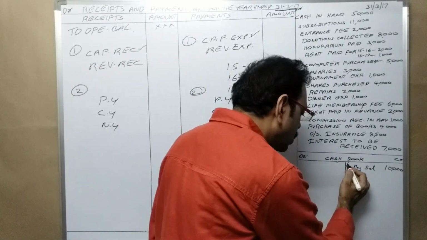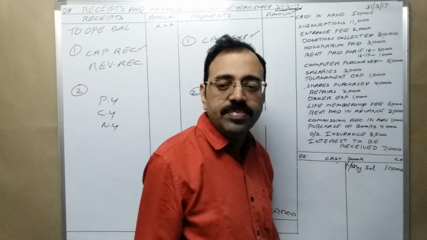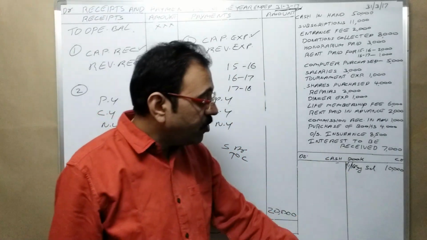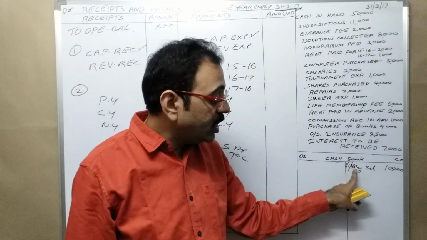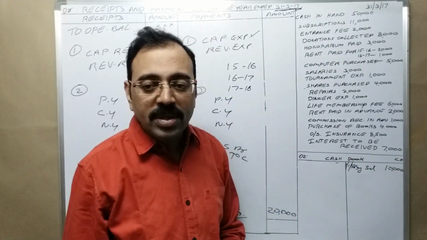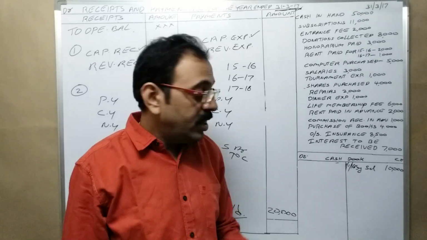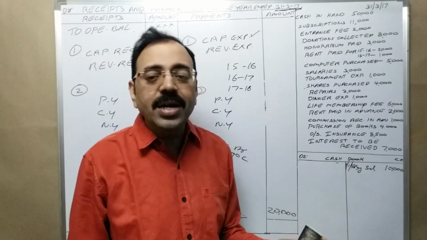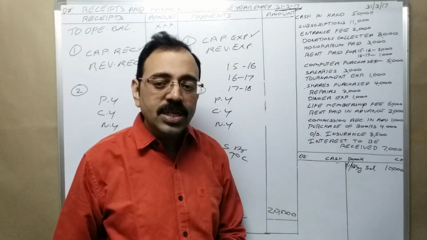On 1st January 2016. Similarly, next month when you prepare the cash book, on 1st February 2016 also we credit salary 10,000. Then in the third month's cash book, there also we credit salary. Means in one current year, how many times are you crediting salary? 12 times.